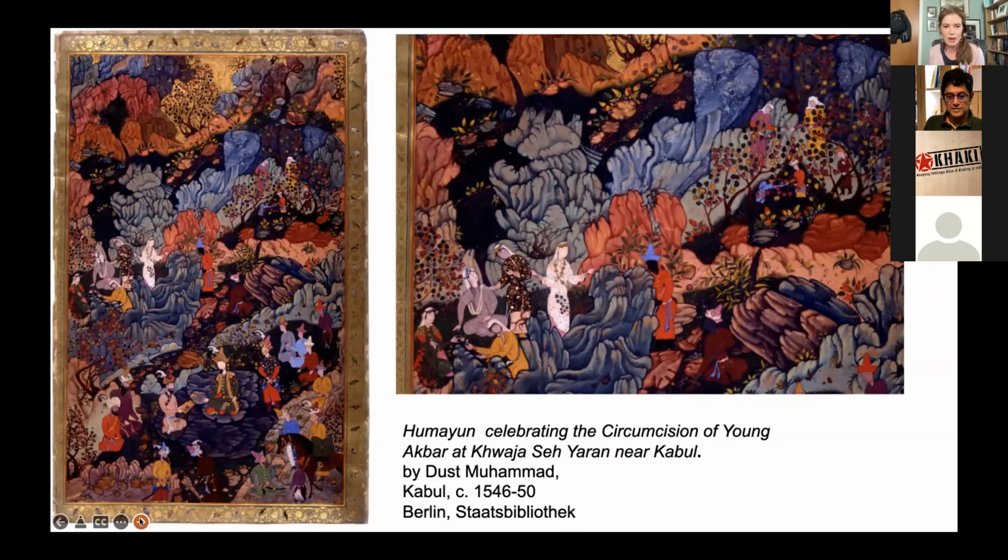We see Humayun in this magnificent landscape. He's with his entourage in the lower section of the painting with the men of the court. His brother Hindal is offering a little image of Akbar to him. This has been identified as the celebrations of the circumcision of Akbar.